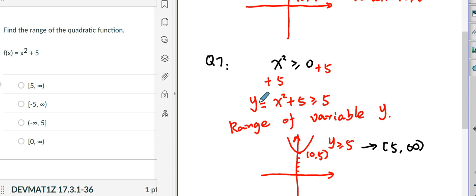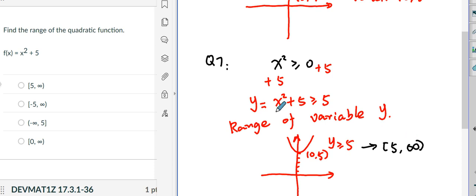So here range y is all above number 5. This point of the graph can never be below 5. Okay? So y greater than or equal to 5, then starting from 5 goes up to infinity.